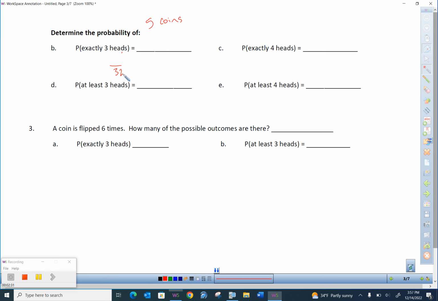Okay, so this is choosing 3 heads from 5 coins, and hopefully you remember that when we're choosing some number of items from a group, that's considered a permutation or a combination. And because I don't care where the heads show up, I just need 3 to show up, this is a combination. So to get the top number, we can just take 5C3 and toss that in our calculator.